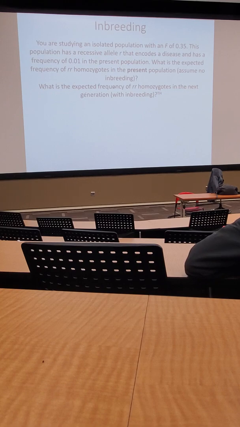So now use your F coefficient. How many RR homozygotes are you going to expect? So I'll remind you what that equation looks like.